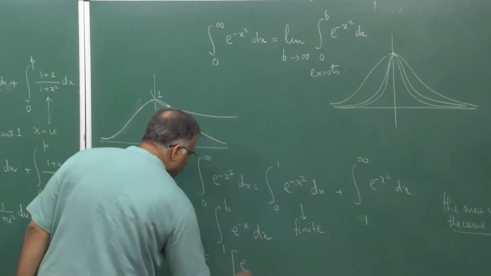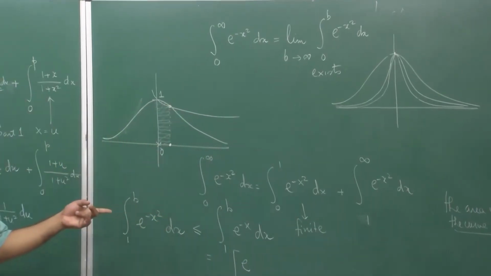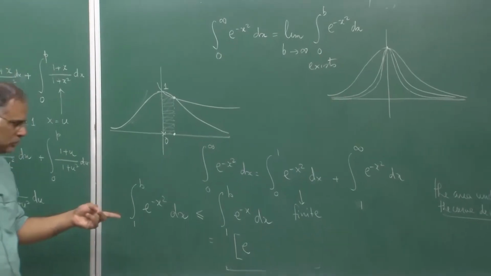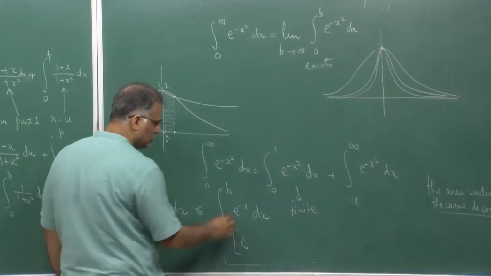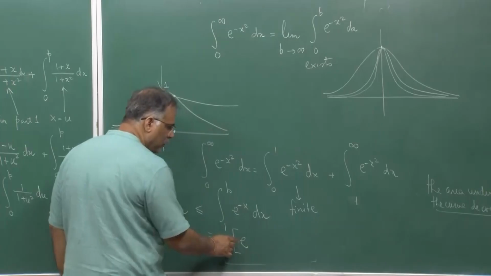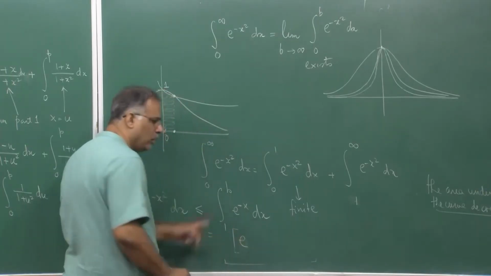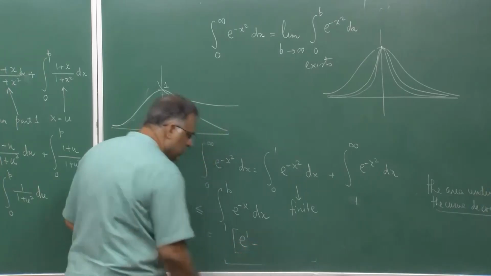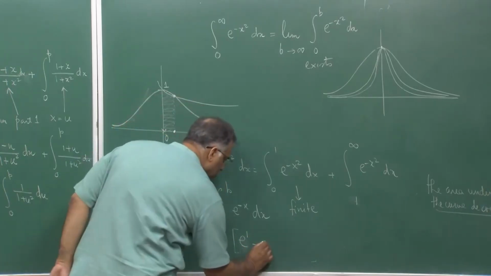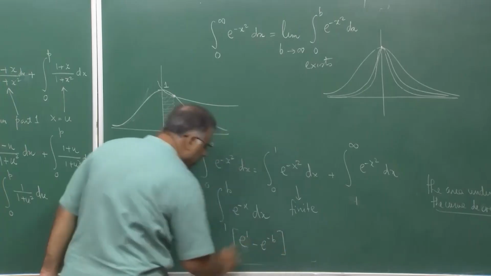What is this integral? So, it will be e to the power 1 minus e to the power minus b, that would be the answer.